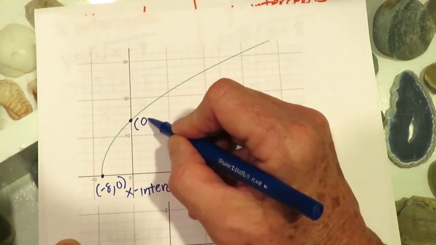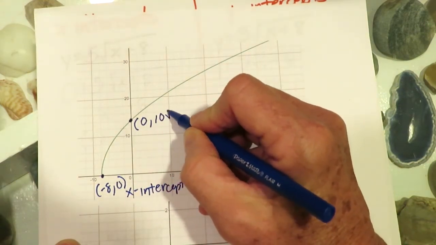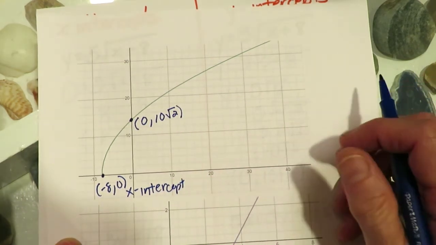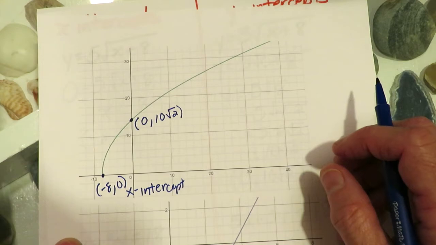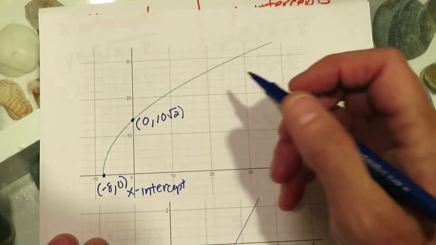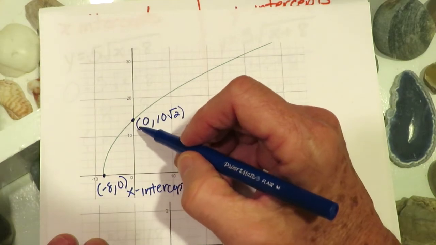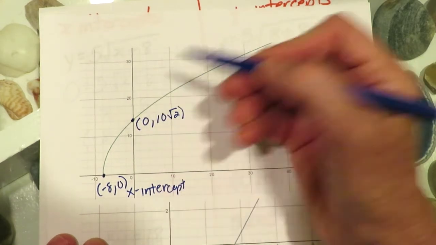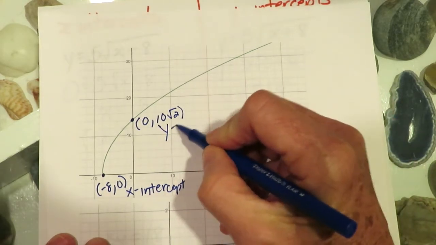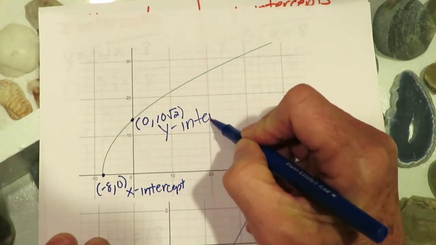Again, x is 0 and y was 10 times the square root of 2. So the square root of 2 is approximately 1.41, and so 10 times that will be approximately 14.1. So again, you can kind of see that that's about where it is on the graph. And that is my y-intercept.